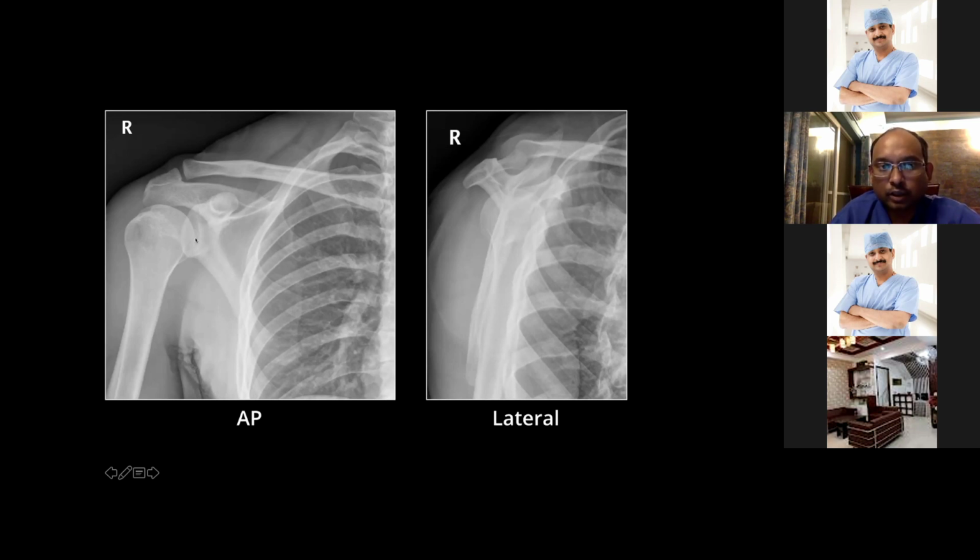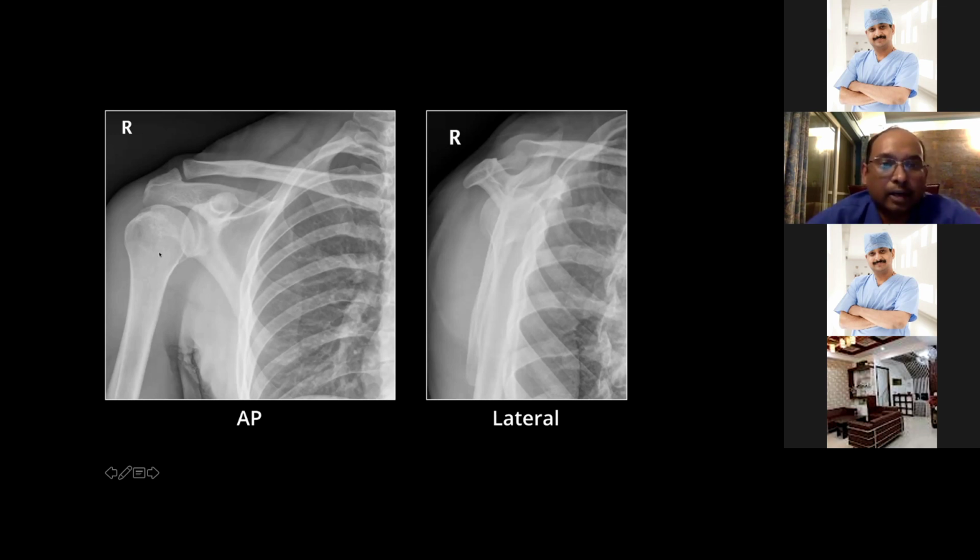One is the glenohumeral joint, which is formed by the head of the humerus and the glenoid. The other is the acromioclavicular joint, which is formed by the acromion process of the scapula and the lateral margin of the clavicle. What you commonly see in a radiograph is the AP view of the shoulder, and this is what is called the lateral view of the shoulder.